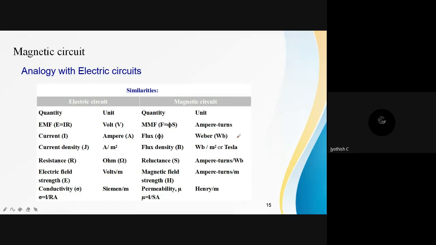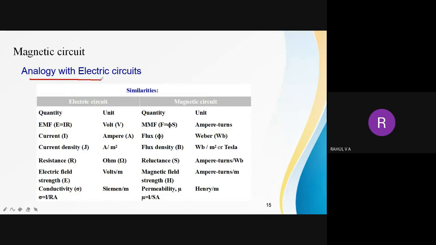What we learned is that it is the MMF per unit length. So H is equal to Ni by L.